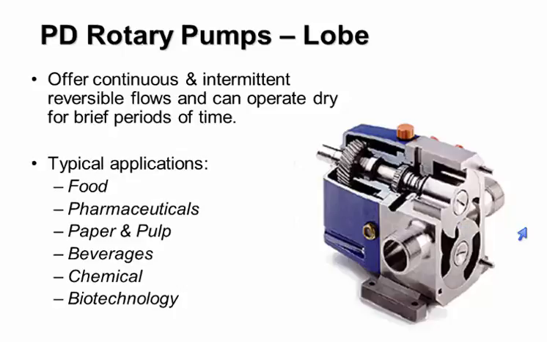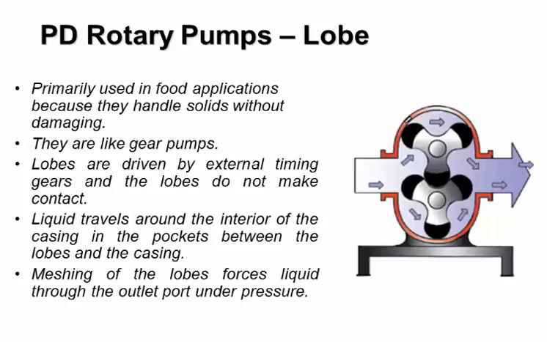So if I had the choice of using the non-contacting lobe or the contacting lobe here for a product that didn't have good lubrication properties, which one would I use? I've got a liquid that doesn't have good lubricating properties.